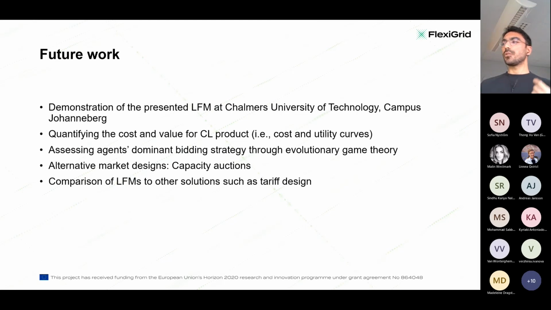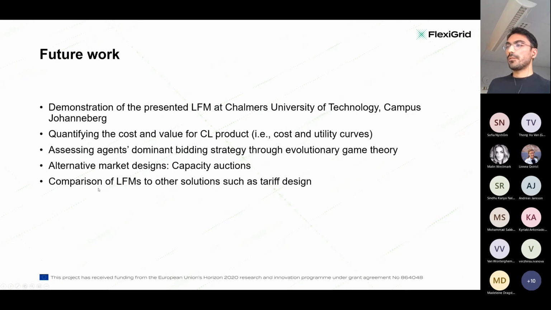And you can also have long-term capacity, like when you're auctioning the capacity in the long term, you can also look at the cost of adding new capacity and see if the end users are willing to pay for this additional cost or not. So you decide on how much reinforcement you will do. So there might be some other alternative market designs as well.